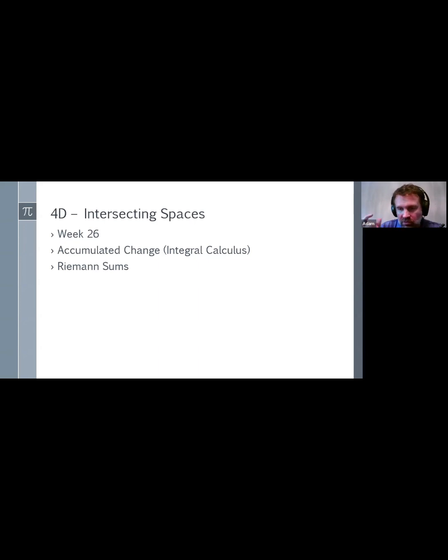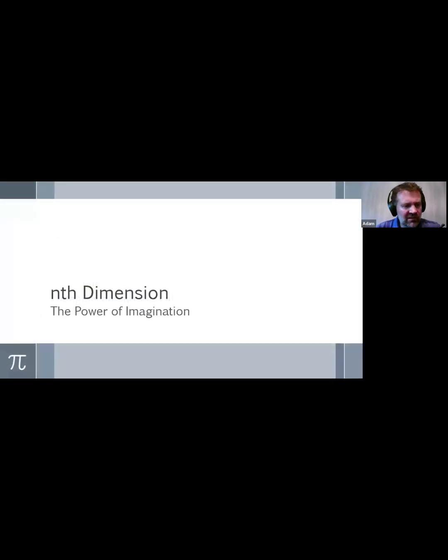The tighter you squeeze the rectangles, making the width really, really small, the closer and closer the approximation gets to the area under the curve, until you finally get to the actual number that represents the area under the curve. You'll learn how to do integrals and how to calculate the integral. So that's what 4D has in store for them.